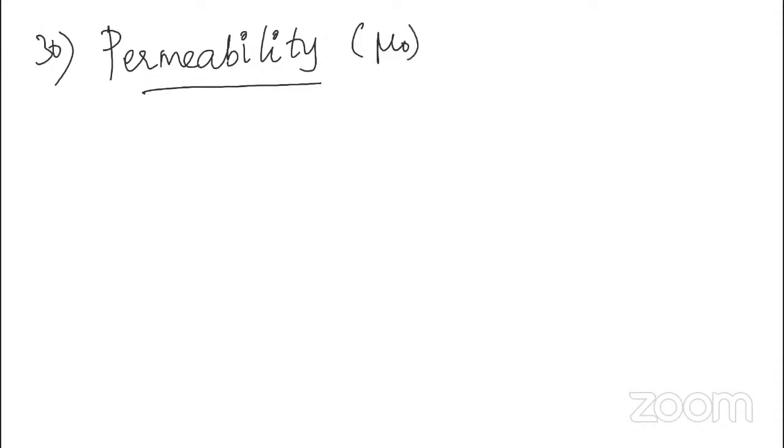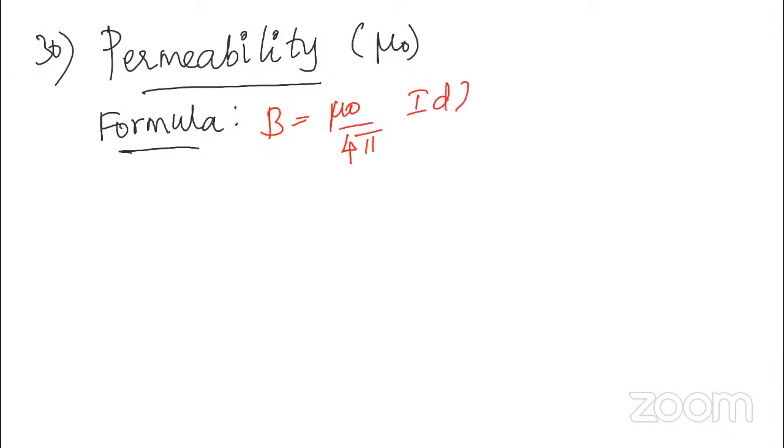Okay. So mu naught value should be calculated by the formula, that is B is equal to mu naught by 4 pi into I dL sin theta by R square.